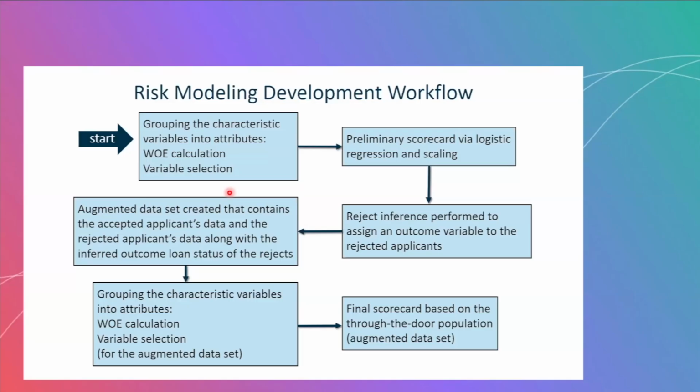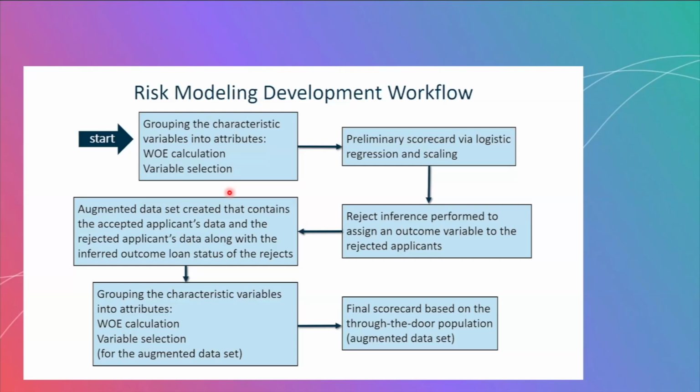Then generally the default scorecard uses the logistic regression model, and that's the scaling of the points. However, the tool also has a lot of other models. So we might have complex models like a decision tree. We might want to use machine learning algorithms like a neural network, a support vector machine, gradient boosting, a random forest. So there are multiple other models available within the tool that can be utilized also. But the default one is the logistic regression.